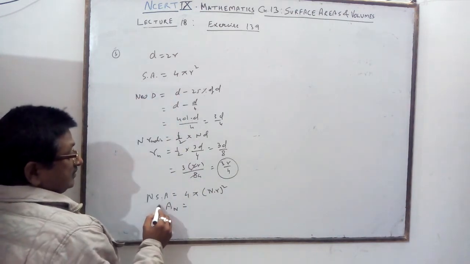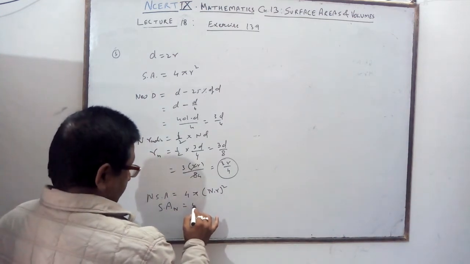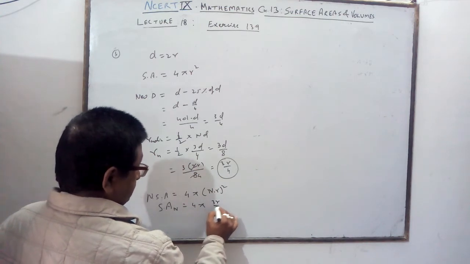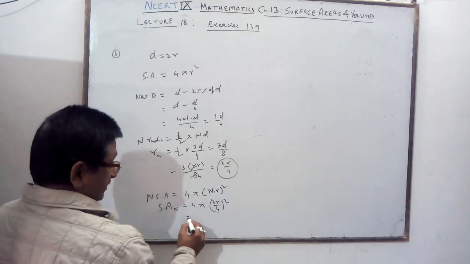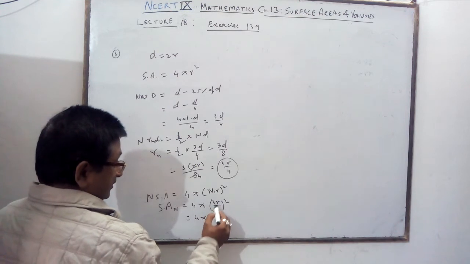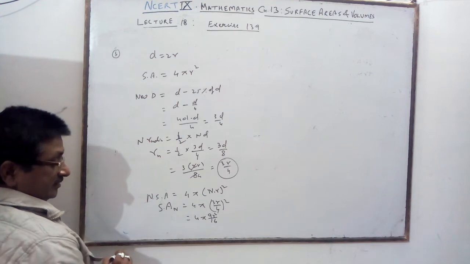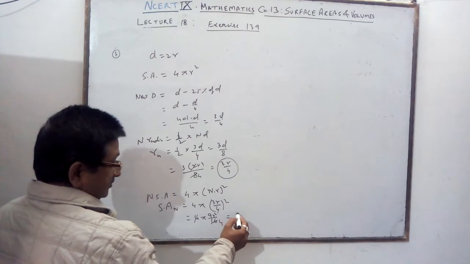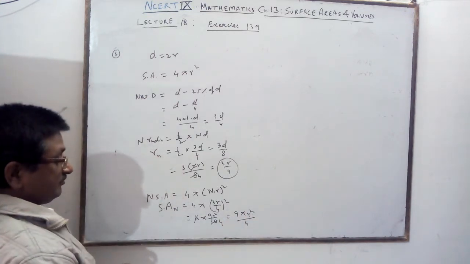The new radius is 3r by 4, squared gives 9r square by 16. 4 into 9r square by 16, 4 cancels with 16, so 9 pi r square by 4 is the new surface area.